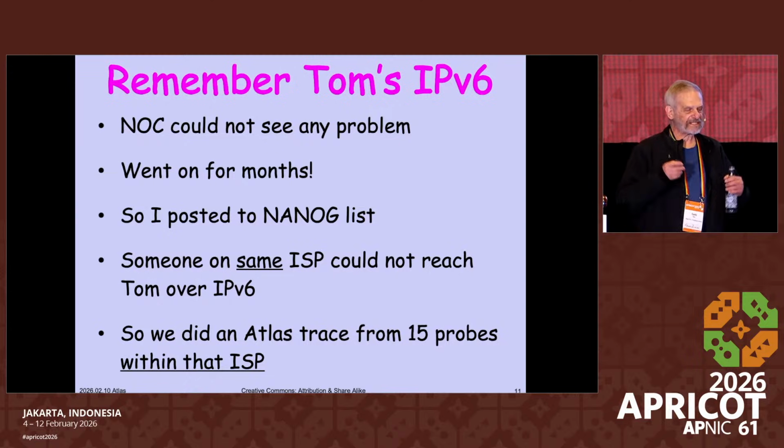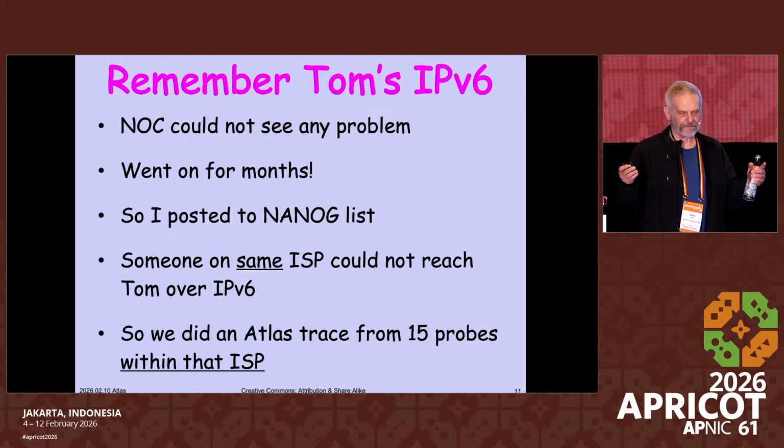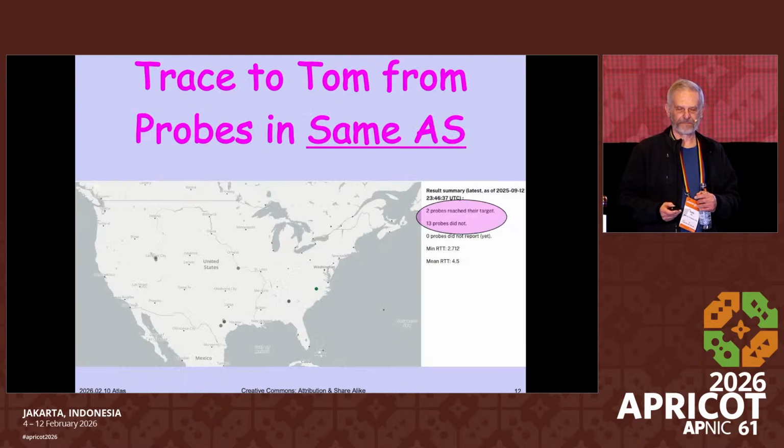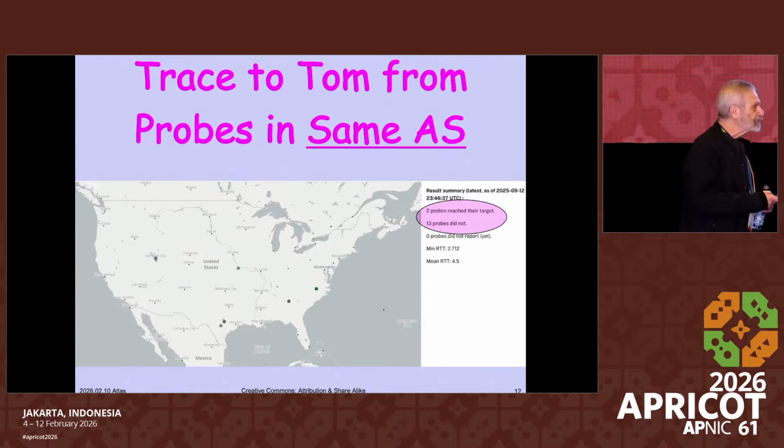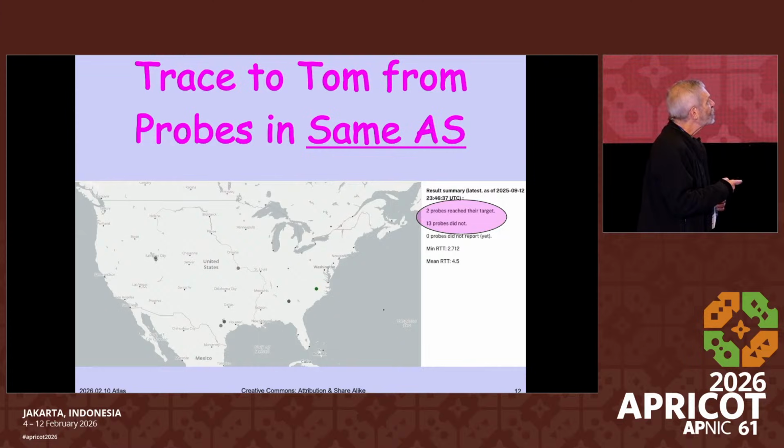So I said, let's not do a global probe selection. Let's just do it within the ISP. So here we have the result. Two probes could reach the target, 13 did not. So the ISP has an internal division of their topology.